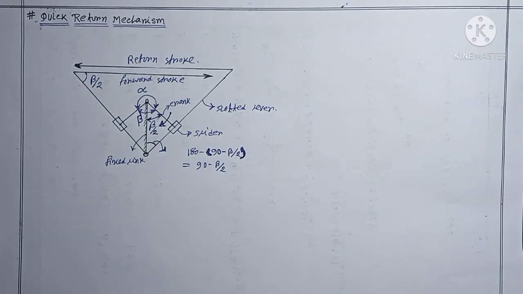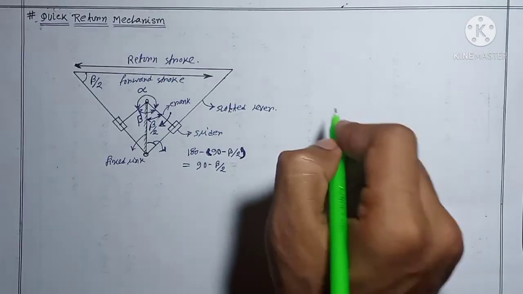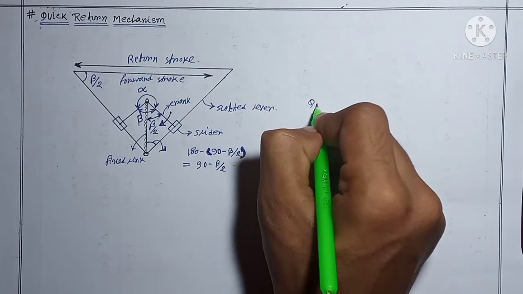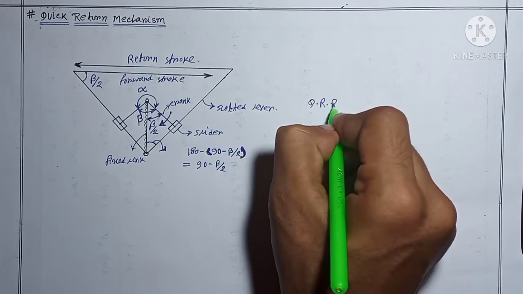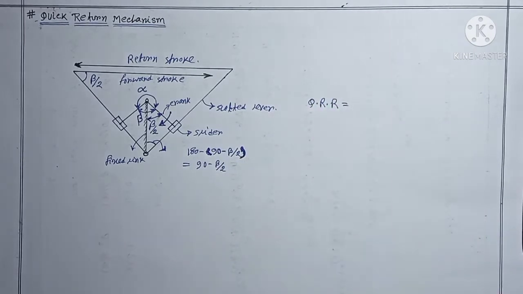Now which type of question is basically asked from here? The first question they can ask is to find the quick return ratio. From the name itself we can say the quick return ratio will be more than 1.